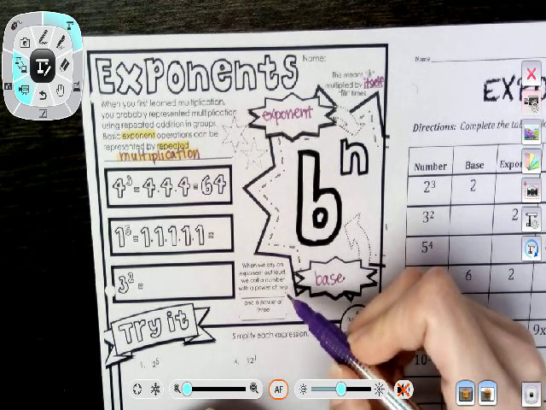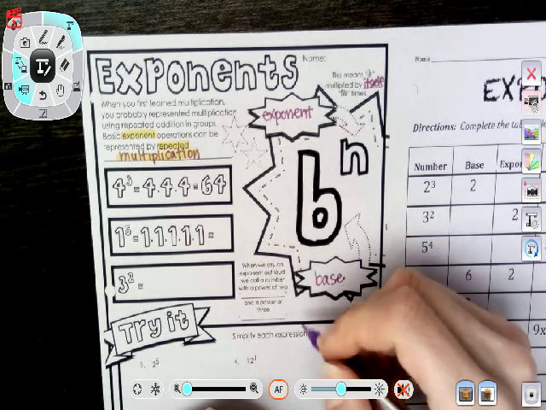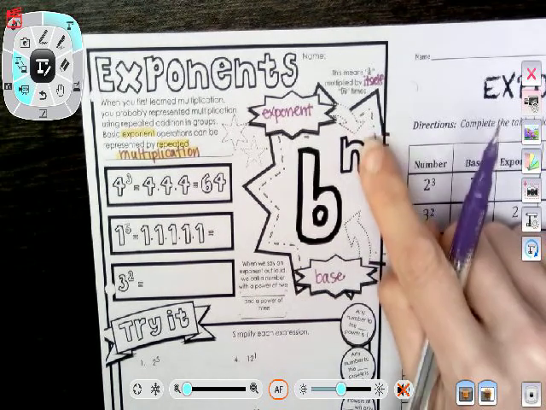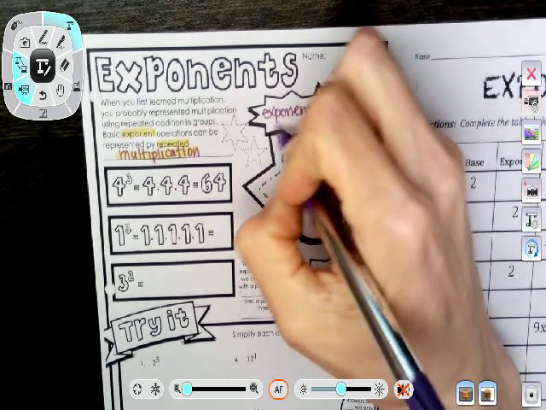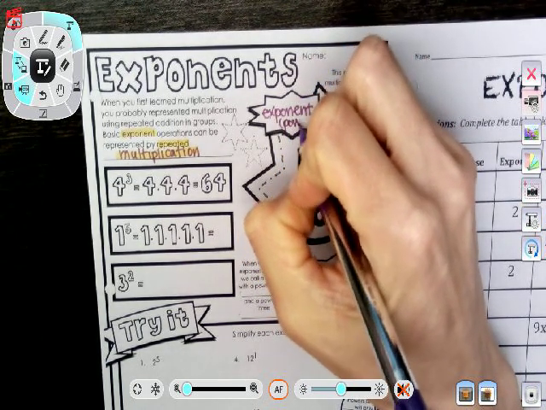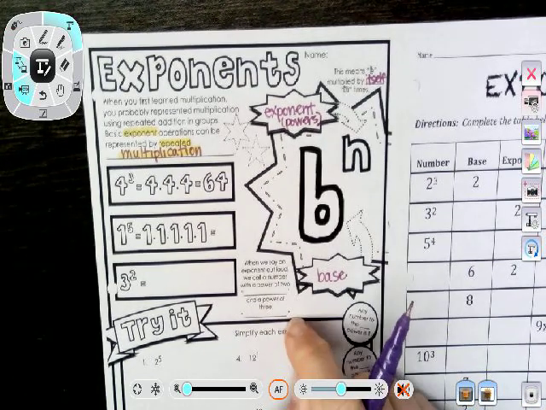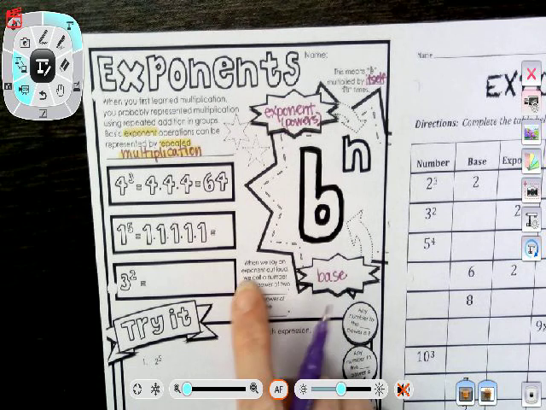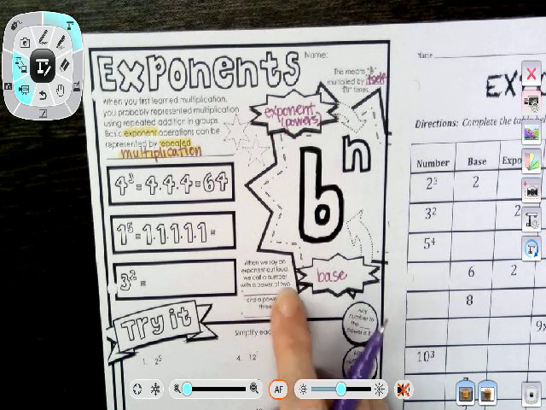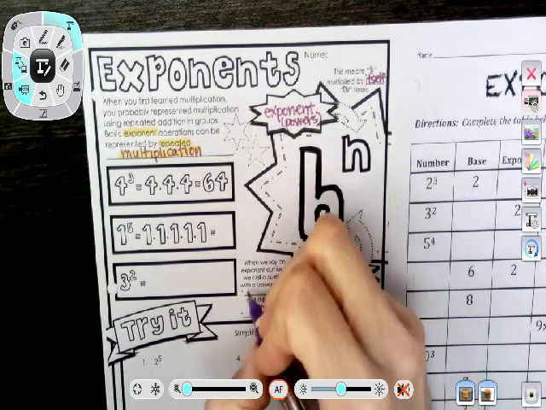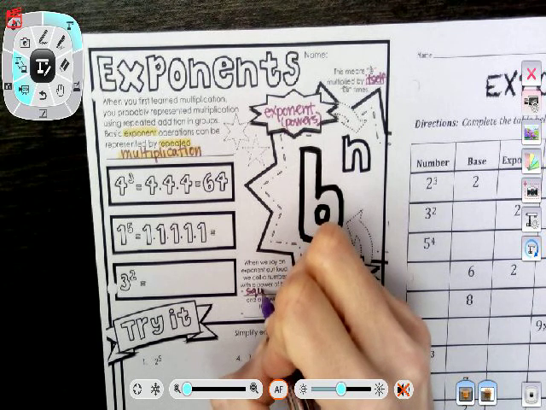When we say an exponent out loud, we call a number with the power of 2. Exponents are also sometimes called powers, because exponents are very powerful. We call an exponent with a power of 2 squared.